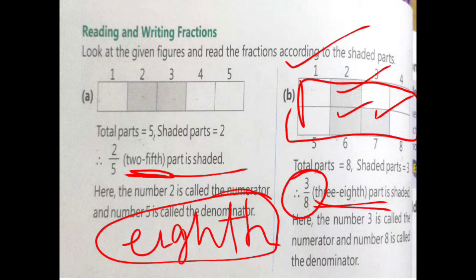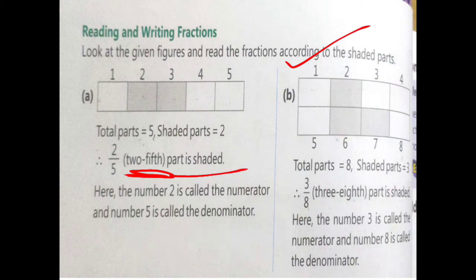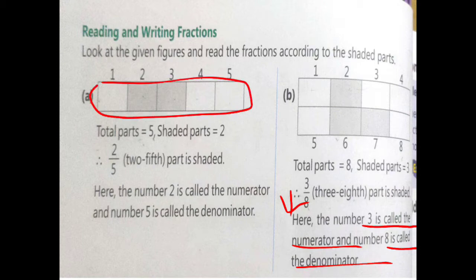Here, which one is the numerator and which one is the denominator? Tell me. You can type the answer in the comment box also. Okay, so 3 is the numerator and 8 is the denominator because 8 is downside, as I already told you in the trick. So we know what a fraction is. Fractions are equal parts of a whole.